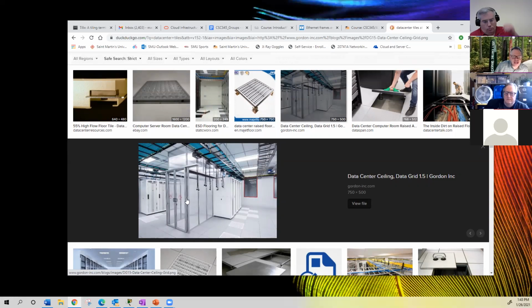Typically there's another rack on the back side facing the other way, so the hot air comes in from the other side as well, and then this is exhausted up to the ceiling so that you are isolating the hot air and the cold air. So this is a good picture of it.